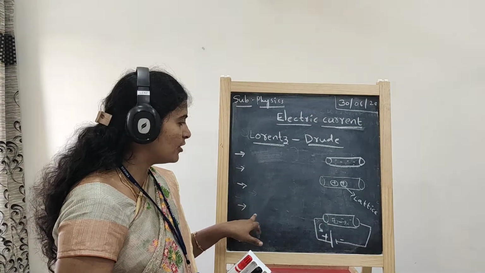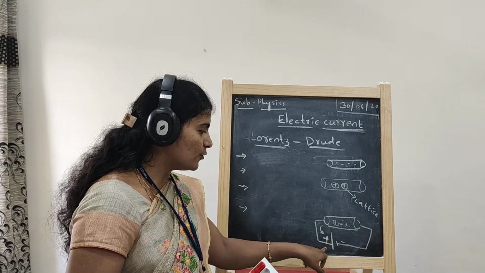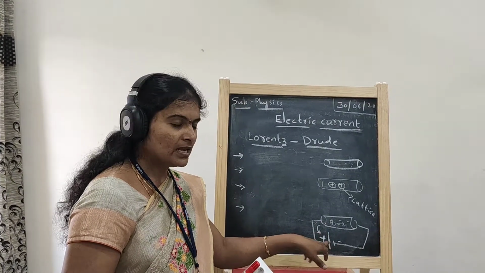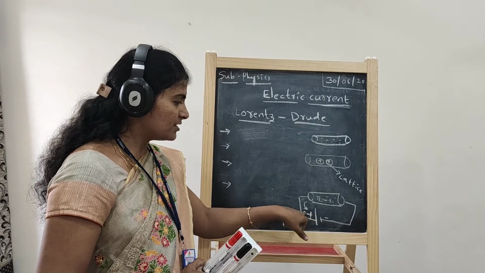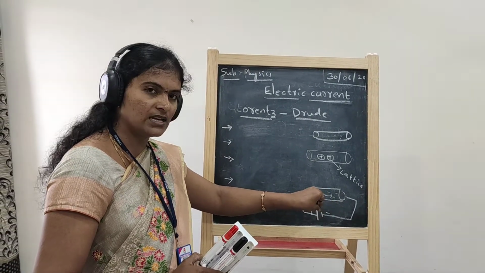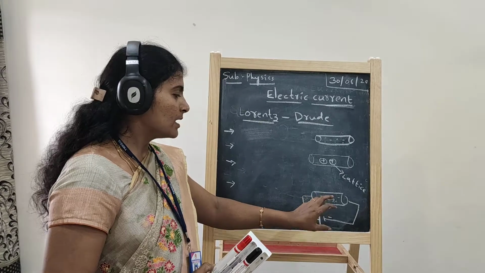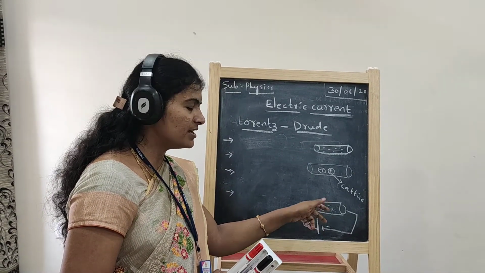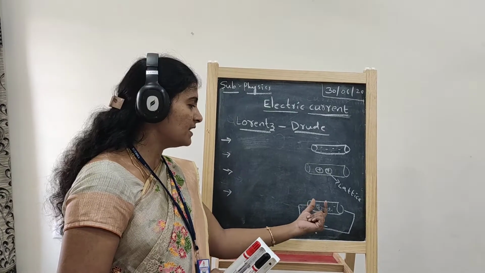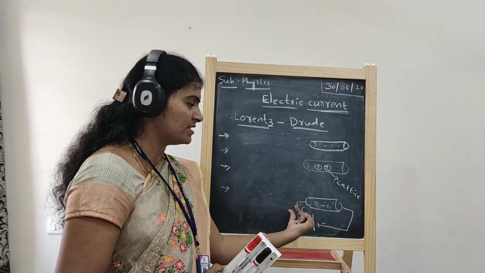And what is the fourth point? Whenever some external force, just like a battery, is connected, due to that electric force, an electric field will be created here. Due to that electric field, the direction of the electrons gets changed and the electrons will move in a proper direction.